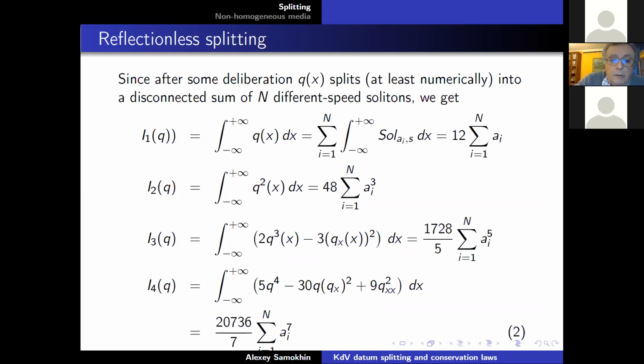And then we have this number of results for the first four conservation laws. Q is initial data, and its mass will be conserved and be split into n solitons, and so on.